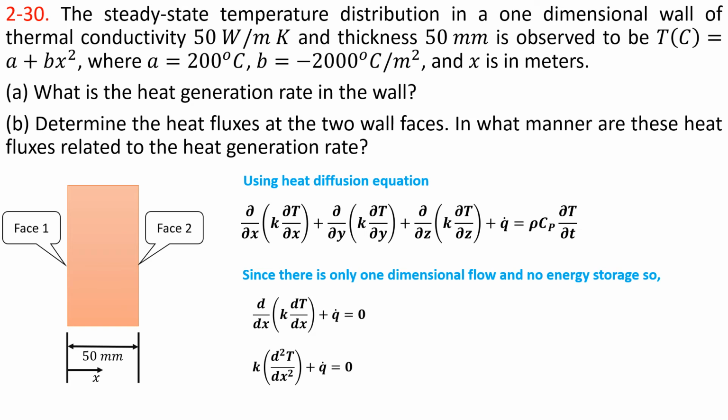Since k is constant, by taking k out of the bracket, the heat diffusion equation is further modified: k d square T over dx square plus q dot is equal to 0. Now T is equal to A plus B x square. The temperature distribution in x direction is given in the problem statement.